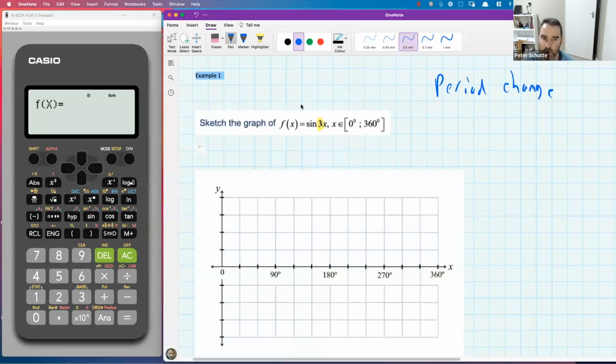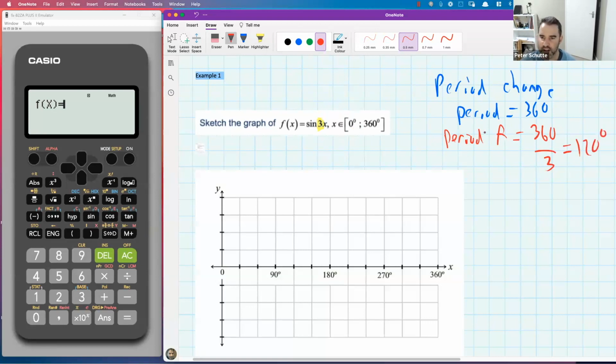So it changes how quickly you get through a period for the sine graph. Normally, the period of the sine graph is 360. But because of that 3 in front, the new period of this graph, okay, so the period of f is going to be 360 divided by 3, which is 120.